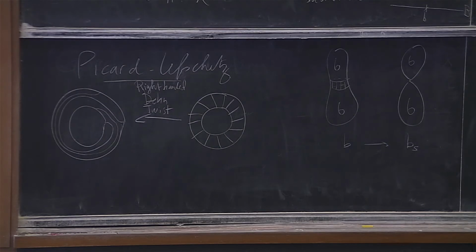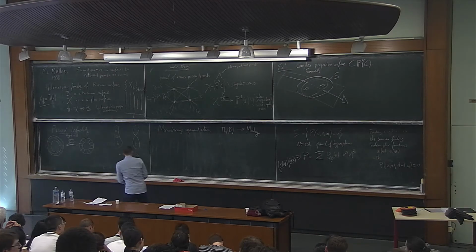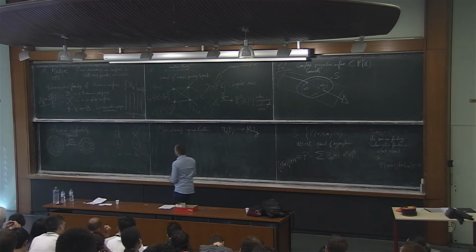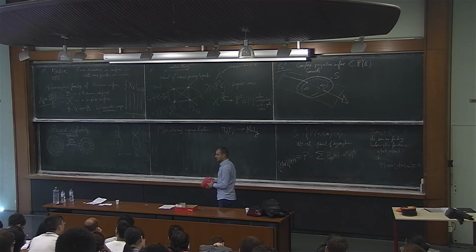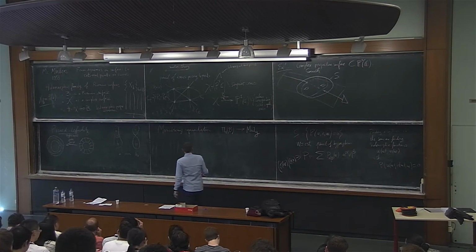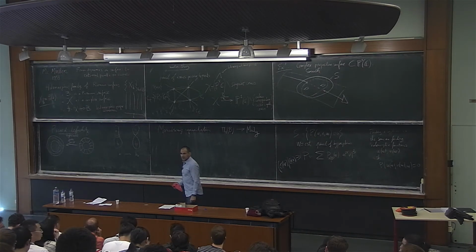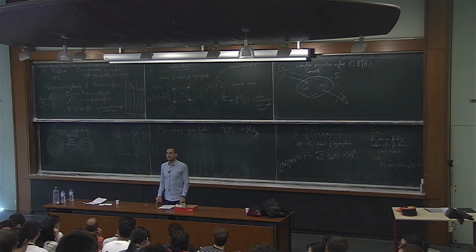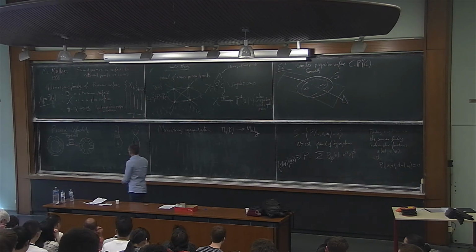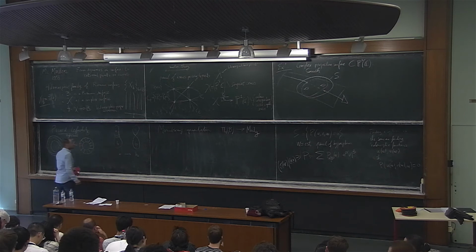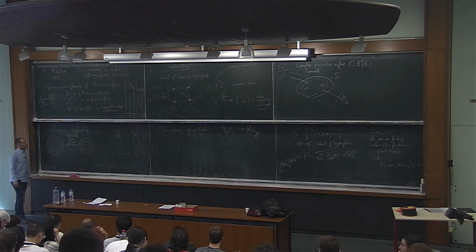Okay, but here the goal is to have some more global information about the monodromy representation. Does the order of the degeneration affect what monodromy you get? So here, some polynomial is vanishing.